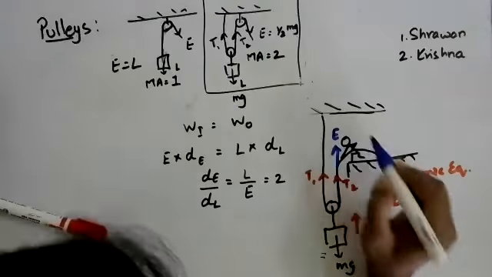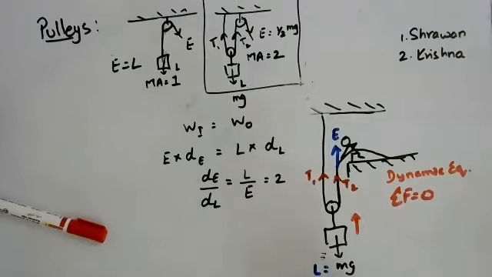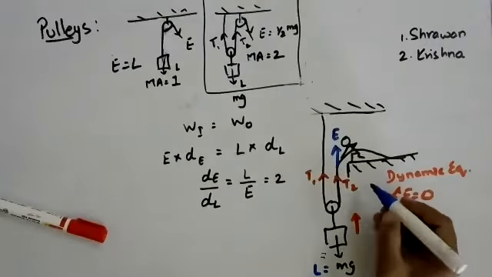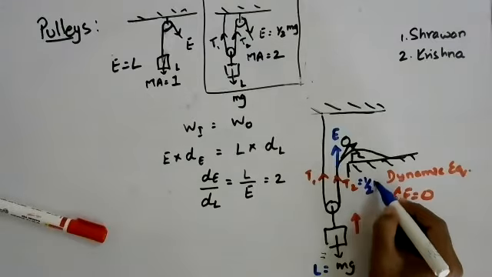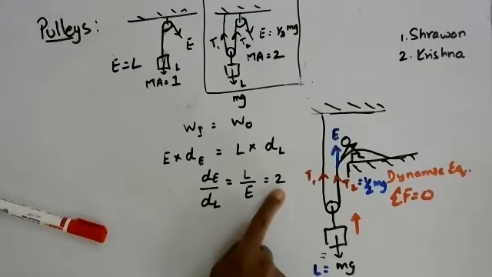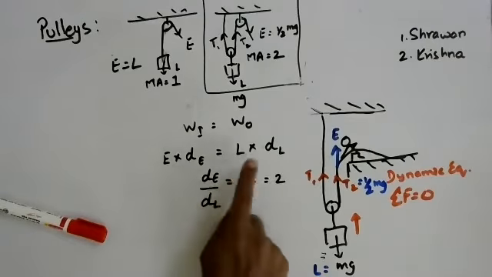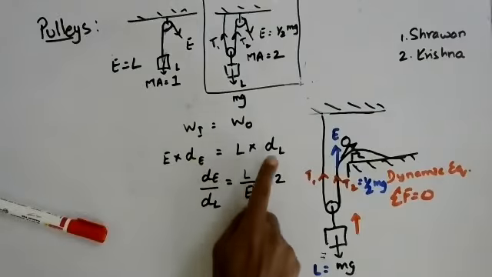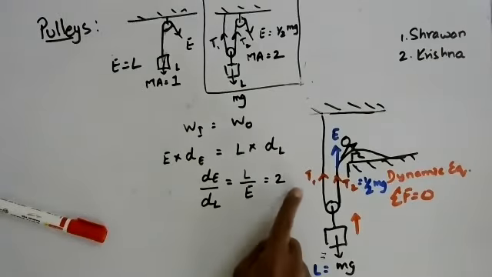That is his effort. This is the load. So since he is only supporting T2, T2 must be equal to half of mg. Okay. So because of that, the ratio between the load and the effort is equal to 2. If the ratio between the load and the effort is equal to 2, then the ratio between the distance moved by the effort arm and the load arm should also be equal to 2.